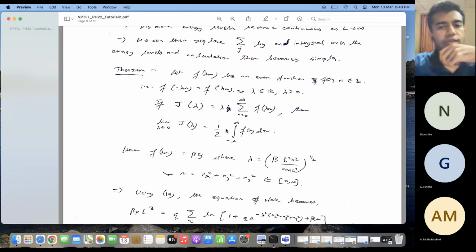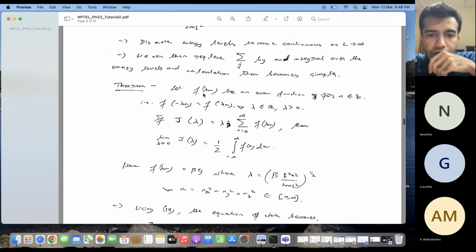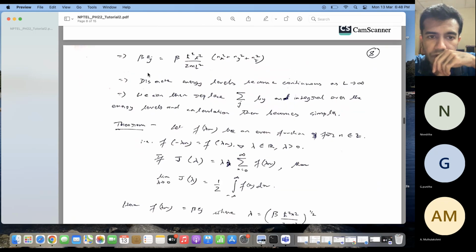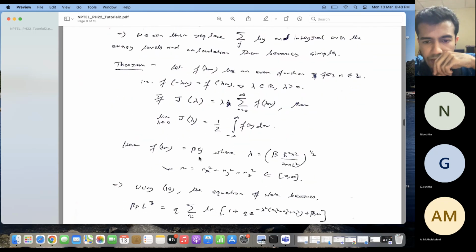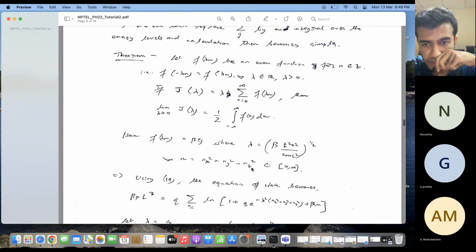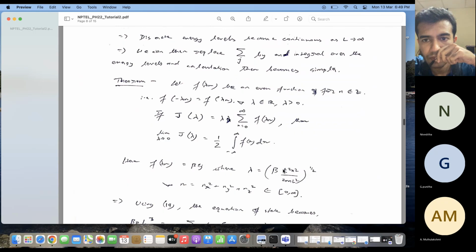Now, if I compare the expression of f(lambda n) with beta epsilon_j, I can see that lambda is beta times h-bar squared pi squared by 2 m L squared, raised to the power half. And n squared is nx squared plus ny squared plus nz squared, and it can take all integer values from 0 to infinity.